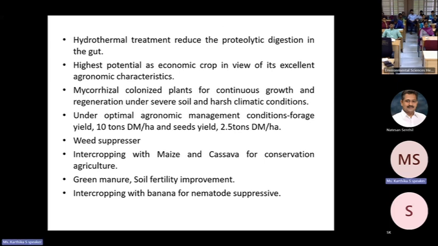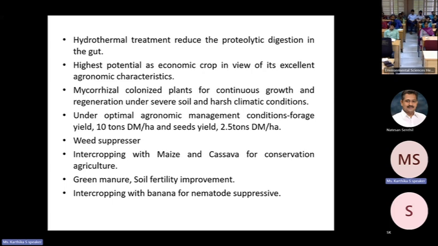So let's say another thing, it is having excellent agronomical characters. What is that? Mycorrhiza is adhering with the root in the beginning itself.